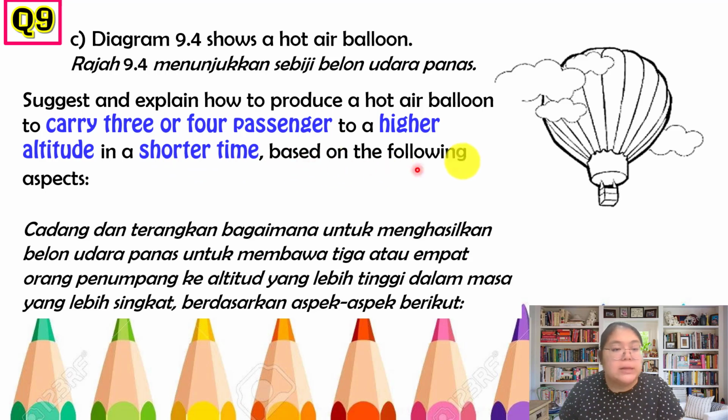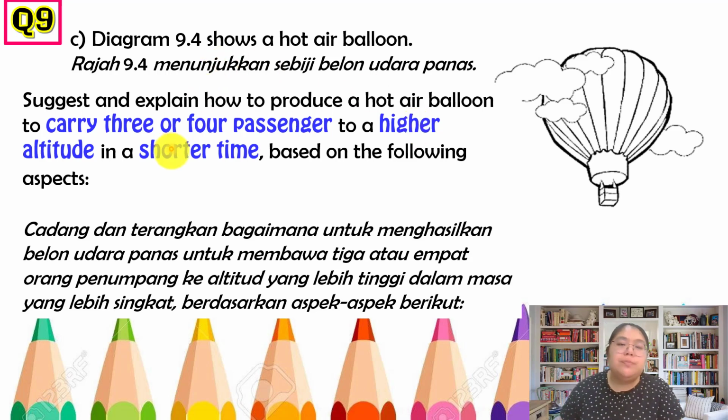Based on the following aspects, they give you the hints already. They want you to carry more passengers, so that means it must be strong, that's why it can carry more passengers. And you also need to go higher. If you go higher, the buoyant force must be more, that's why it can lift the balloon up to a higher place.